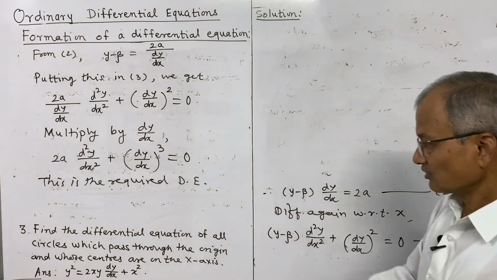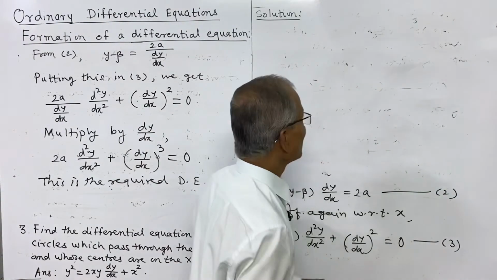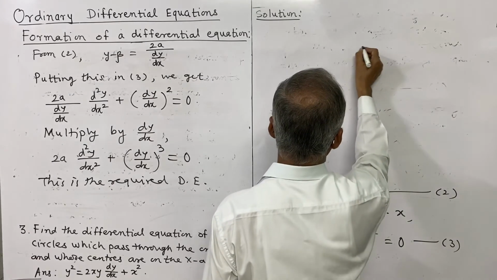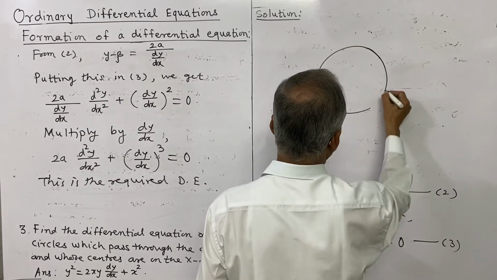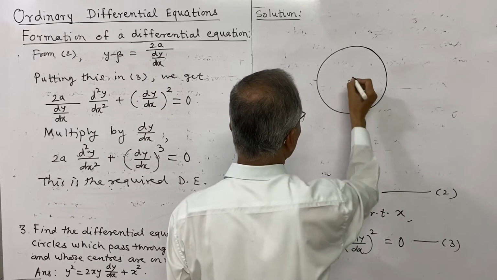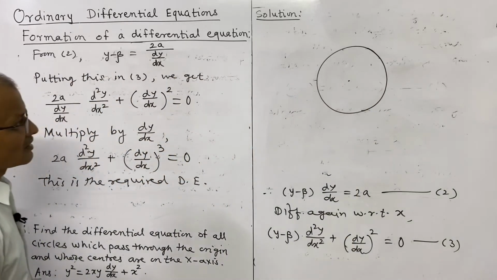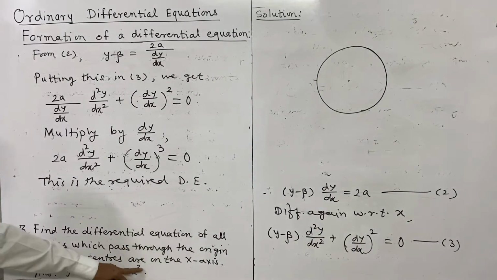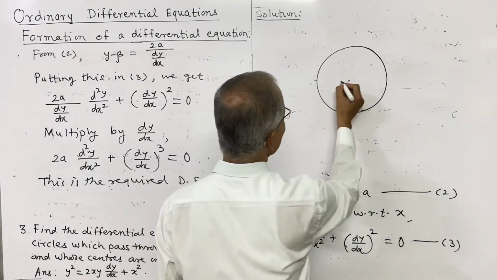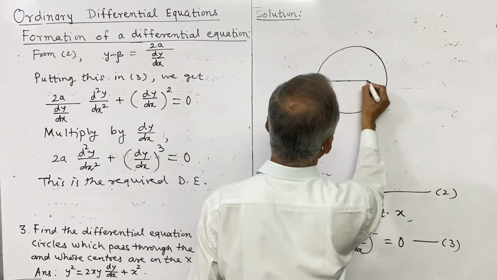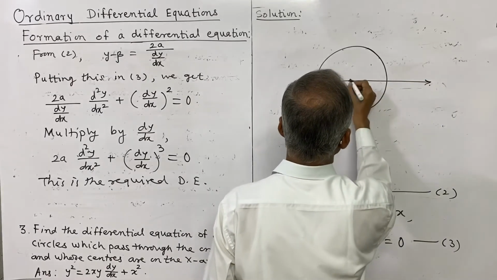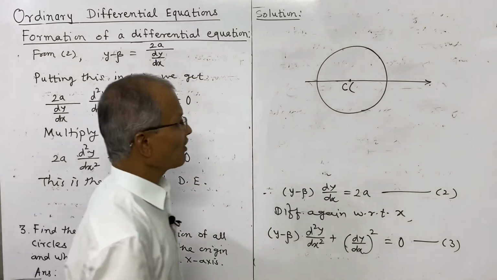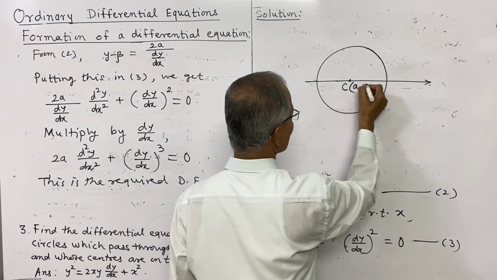See, this problem you should solve. Suppose this is a circle we have drawn, and its center is on the x-axis. So that means this is the x-axis. This is the center, and a point on the x-axis is of the form a comma 0.